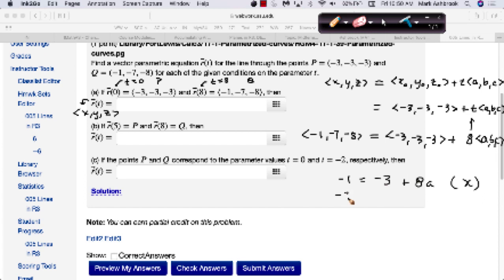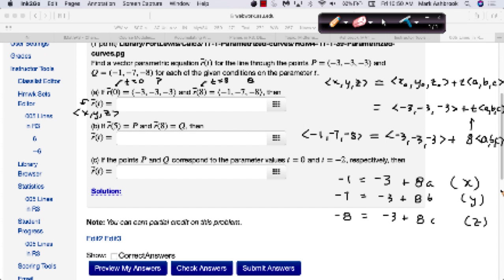And then -7 equals -3 plus 8B, and that's for the y component. And then -8 is going to equal -3 plus 8C, and that's for the z component of the direction vector. So then those are easy to solve for A, B, and C, and that will determine what A, B, and C are.